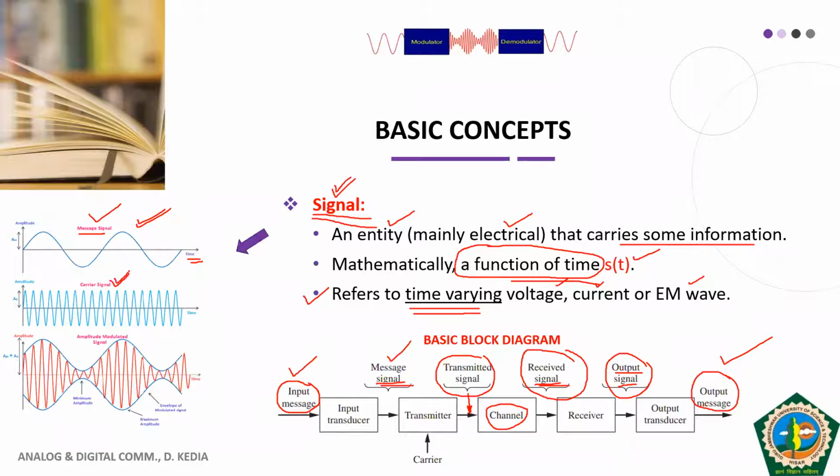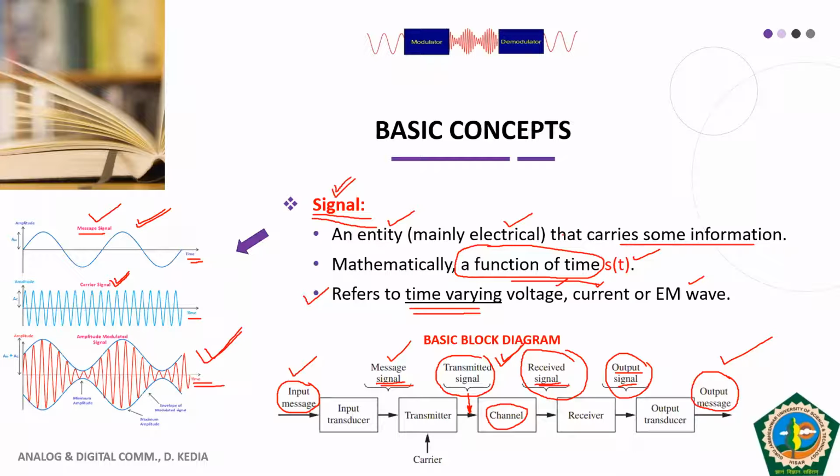Since we are calling it a signal, it is an electrical entity, also varying with time. Its frequency is high and its amplitude is also high. And if you see in the block diagram, we are talking about the transmitted signal. This third one is your transmitted signal, and this is also varying with time.